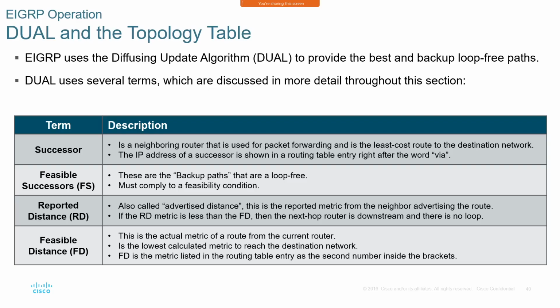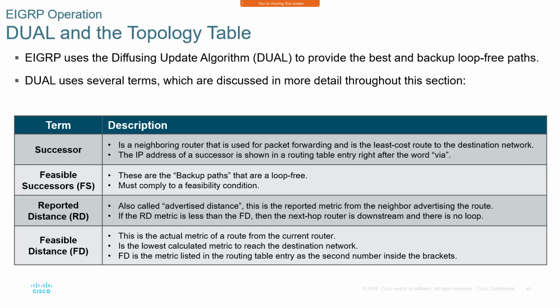The feasible successors are the routes that are eligible to be a backup path. In order to be a feasible successor, a backup path, they need to meet the feasibility condition. We also have something called the reported distance.